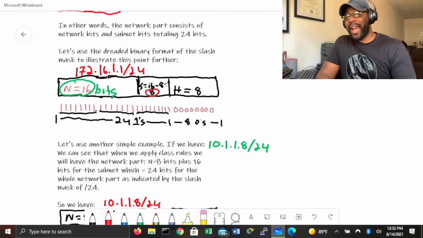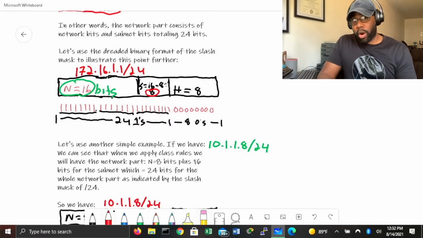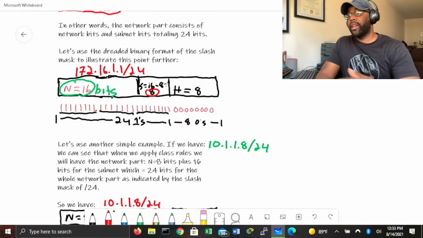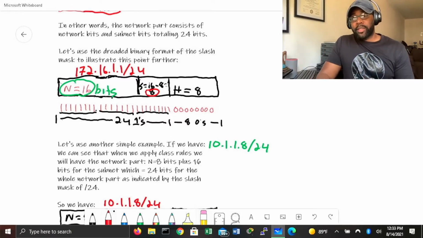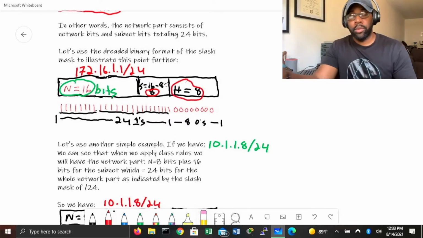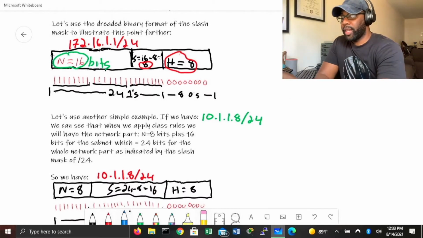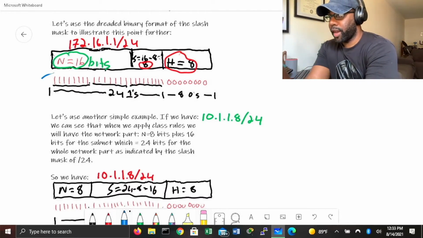So now we have 8 subnet bits in the network part of our IP address and 16 locked bits, totaling 24 bits, right? And we know host bits are left over, and our host bits total up to 8 bits, right? And look how beautifully we can illustrate this right here.